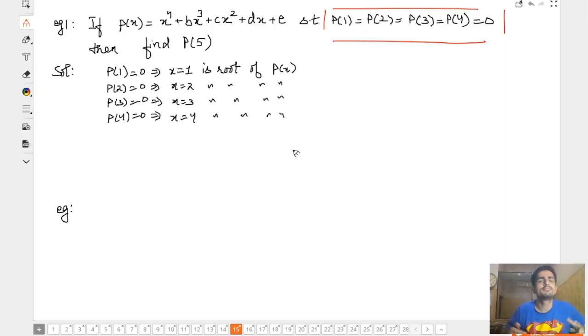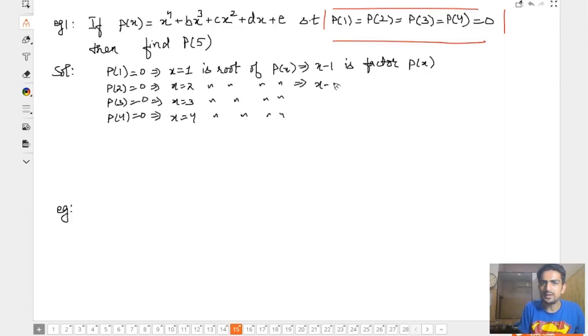Now, clearly factor theorem comes into play. What does this tell me? It tells me x minus 1 is a factor of P(x). This tells me x minus 2 is a factor of P(x).